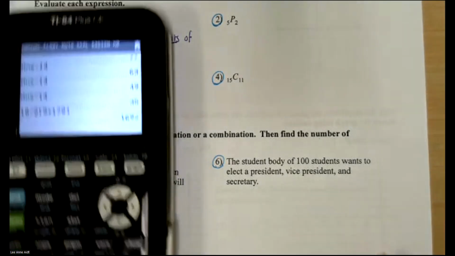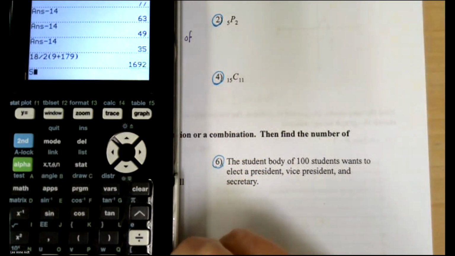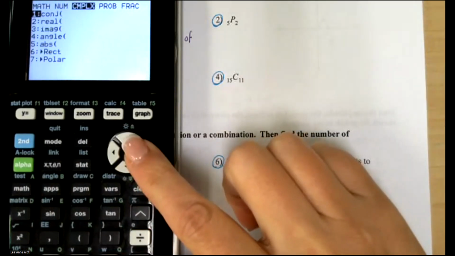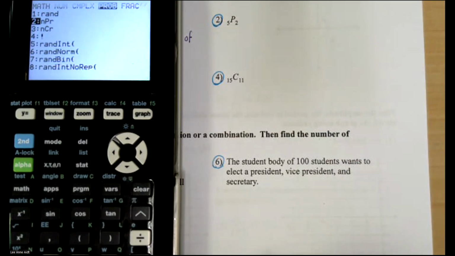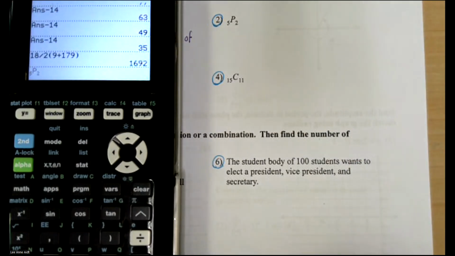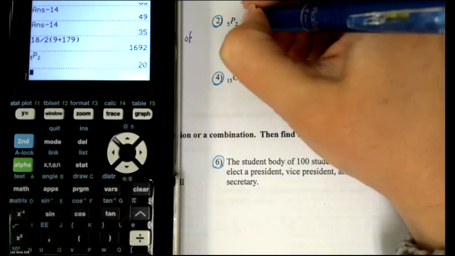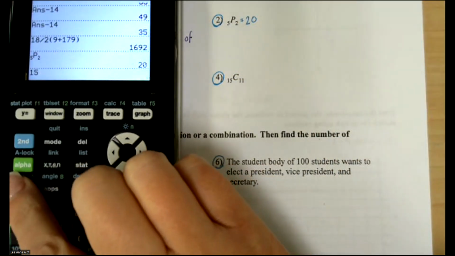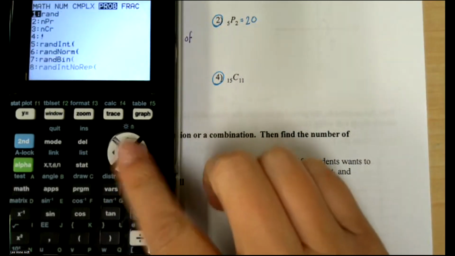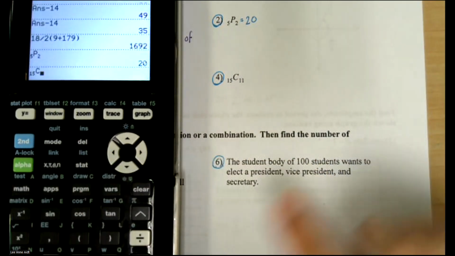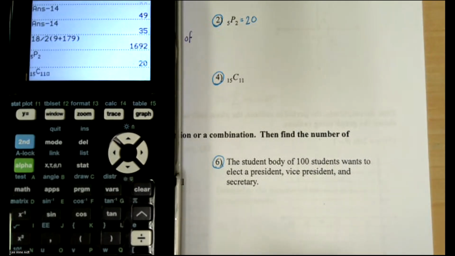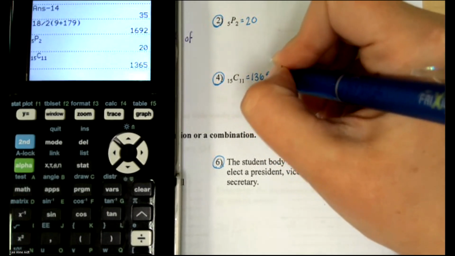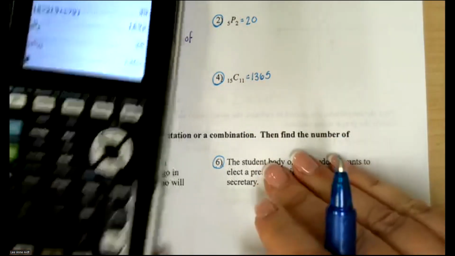All right, 5 permutation 2: 5, math, probability, permutation, 2 is 20. 15, math, probability, combination 11, 1,365. Okay, there's those two.